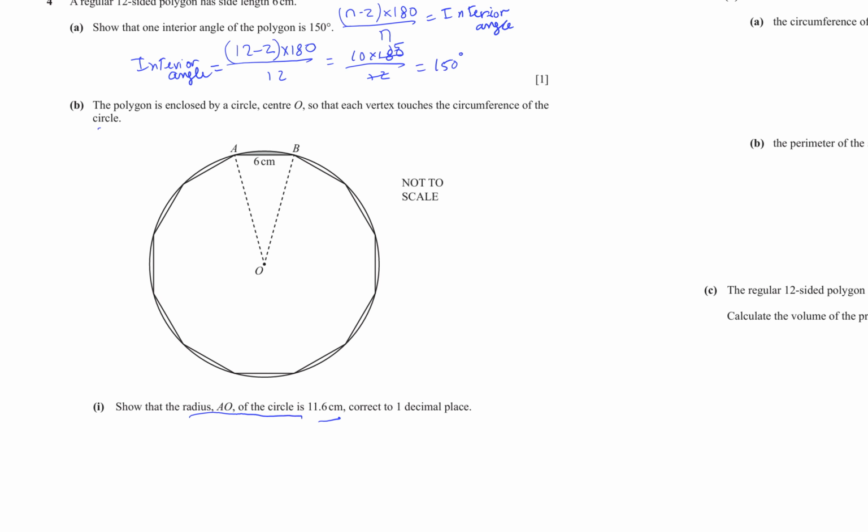So what we know is that the interior angle is angle AB. If I were to name this point as C, then I can say that angle ABC is the interior angle.